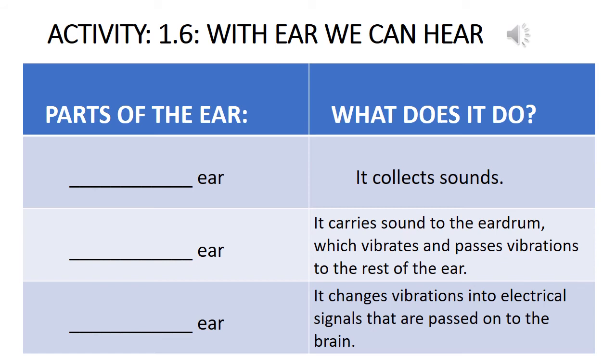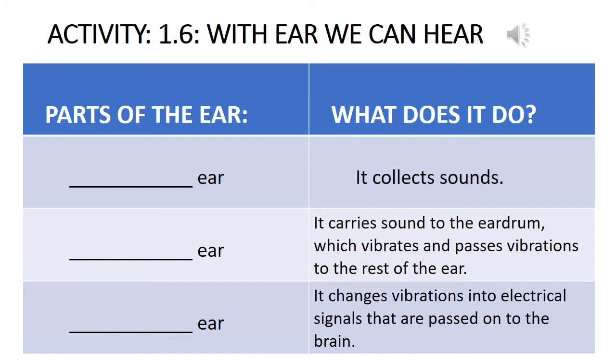The first column of the table says parts of the ear, and the second column says what it does. In the first column we have to fill the blanks and write the parts of the ear, and in the second column the functions of each part are given.